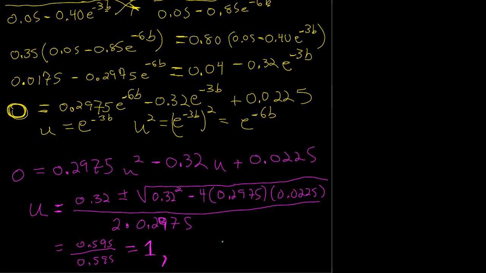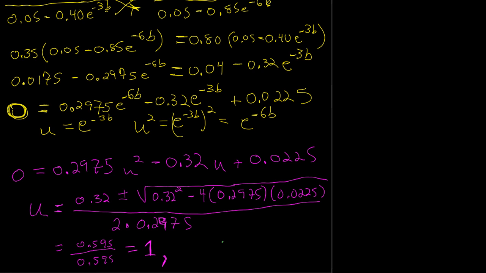All right, 0.32 minus the square root of 0.32 squared minus 4 times 0.2975 times 0.0225. Did I type it in wrong? 0.32 squared minus 4 times 0.2975 times 0.